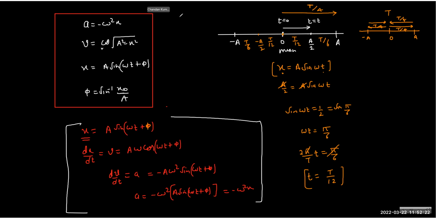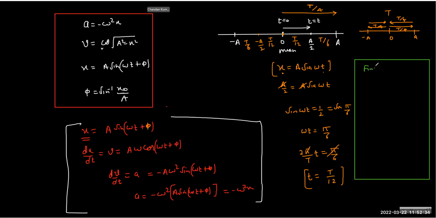So if I ask you a simple question, try to answer this. Find the average velocity in going from O to A by 2.